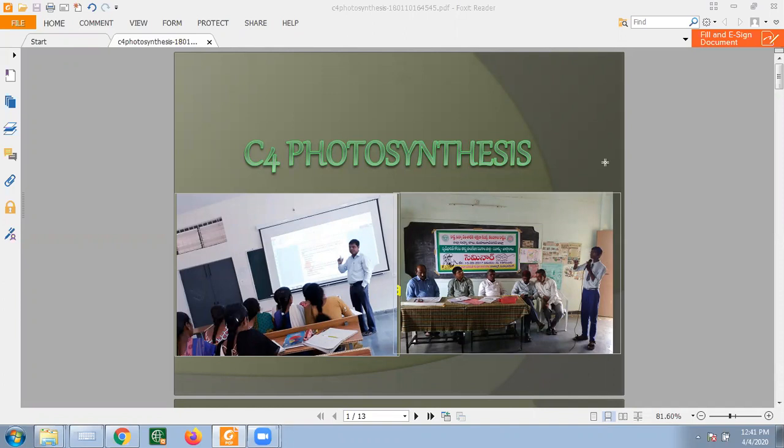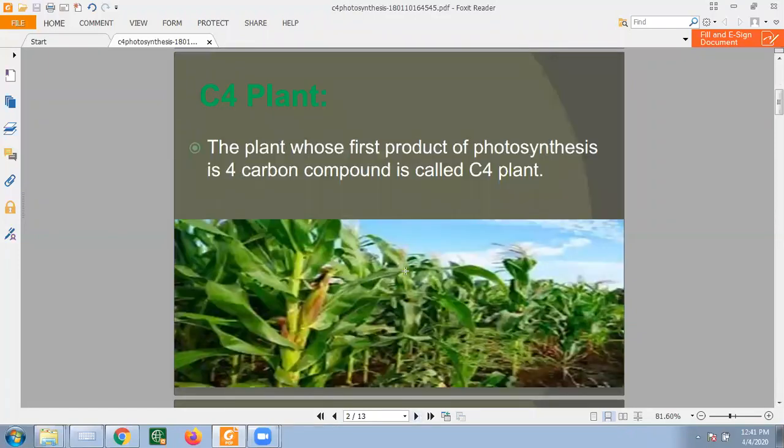The C4 plants show a specific type of leaf anatomy. We'll see this one by one. C4 plants are the plants whose first product of photosynthesis contains 4 carbon compounds, which is why they are called C4 plants. Plants following this C4 pathway in their carbon fixation are considered C4 plants.